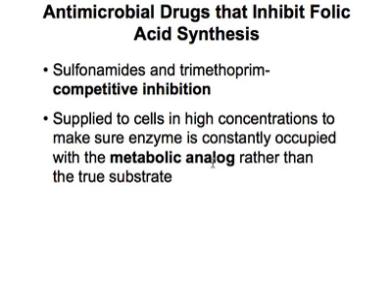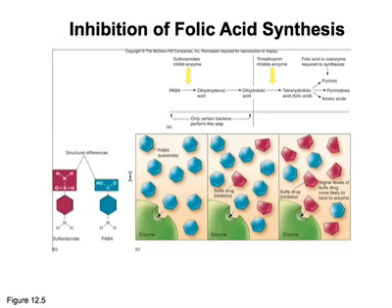And this is a metabolic analog, which means it looks very similar to folic acid, but it does not end up as folic acid at the end of the day. So it blocks the enzyme's catalytic site or active site by using the enzyme up, but it doesn't give the bacteria its folic acid at the end of the day.